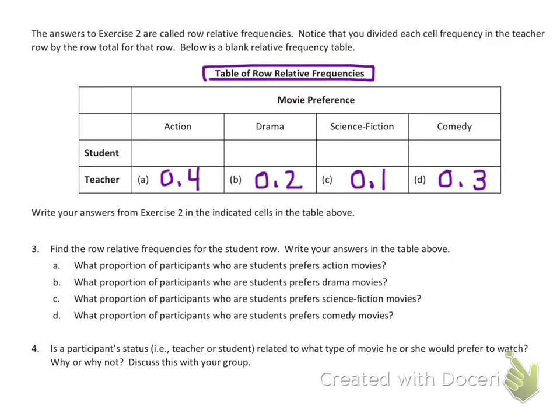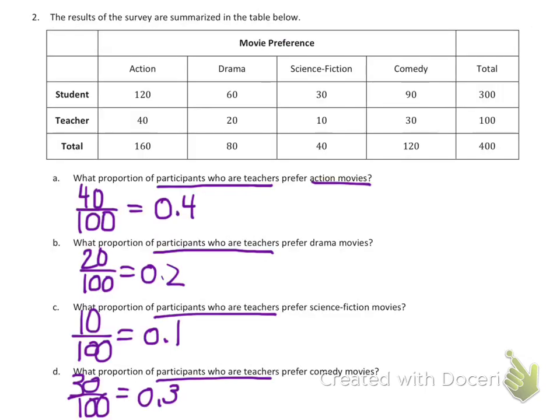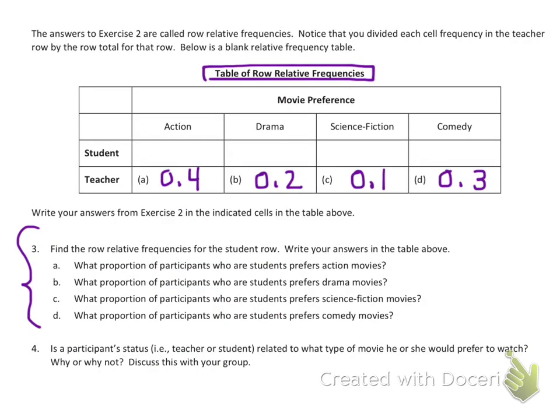Now I'm going to have you do this. Find the row relative frequencies for the student row. Now remember, there were how many students? We had 300 total students, so we want to find those proportions. Okay, so go ahead and pause the video and work on that.